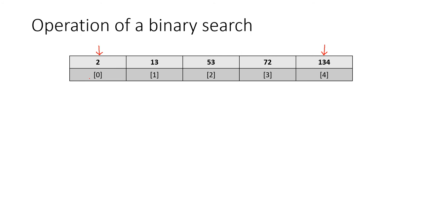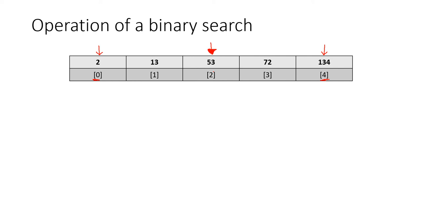And the midpoint is going to be that index plus that index divided by 2. So 0 plus 4 divided by 2 gives us 2. So our midpoint is going to be here, pointing at the 53.